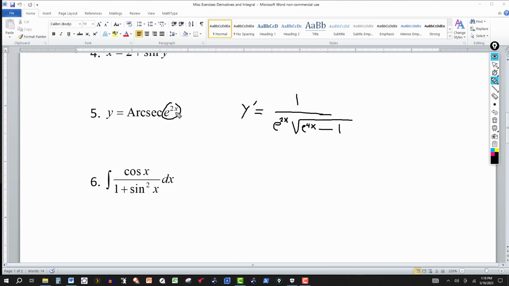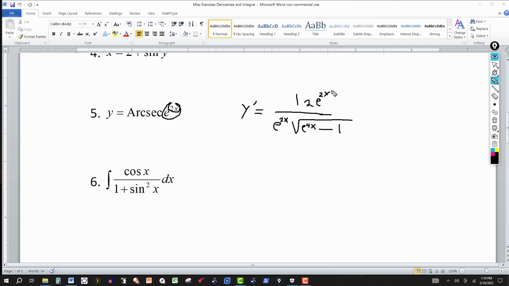And then it's the derivative of the u, which in this case is e to the 2x, so this will give me a 2 e to the 2x. Because the derivative of e to the 2x is e to the 2x, but then you're going to multiply by the derivative of the u using the chain rule.